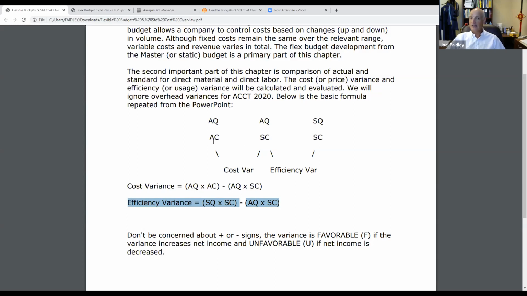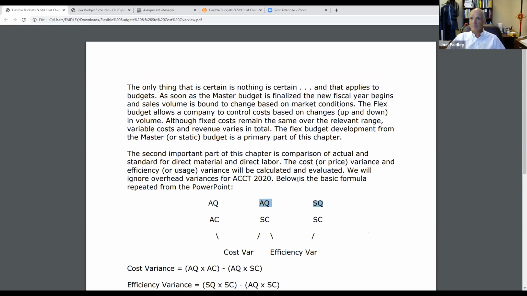If my actual cost is more than standard cost, then it's unfavorable. And by the same token up here, between actual quantity and standard quantity, if I use less than what the standard allows or provides, then I'm going to save money, and that's going to increase my net income. So it's all about using unfavorable U and favorable F, not pluses and minuses.